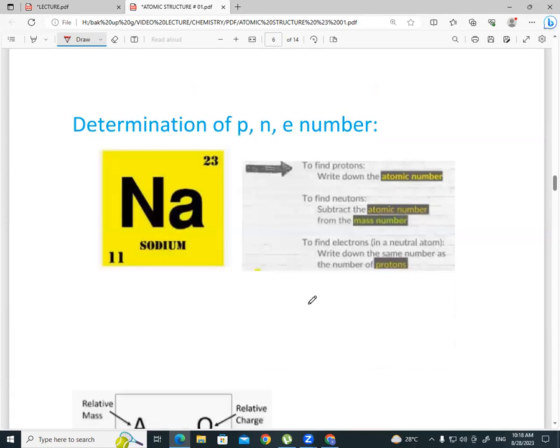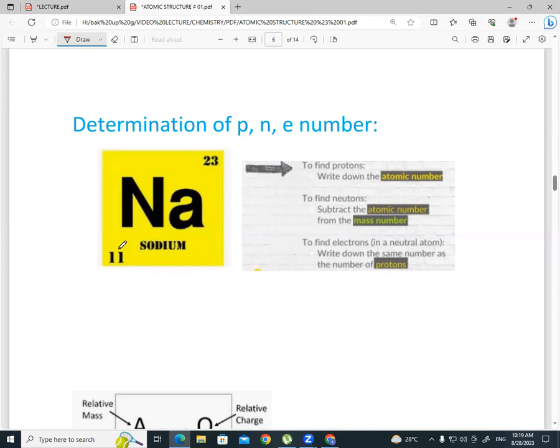Next one, determination of proton, neutron, and electron number. How can we find out these subatomic particle numbers? The criteria is that if the symbol of any element is given along with its mass number and atomic number, with the help of these two we can find out the proton, neutron, and electron numbers.